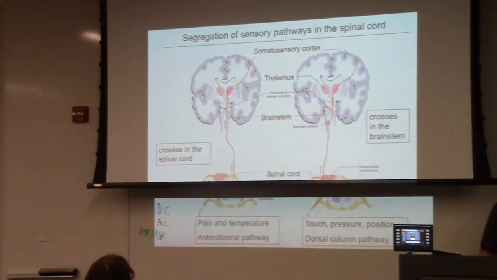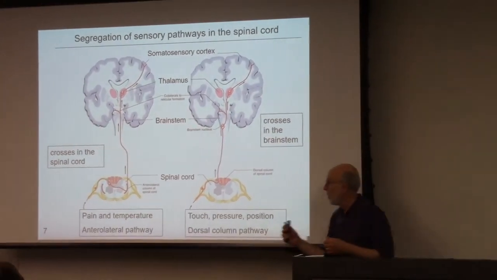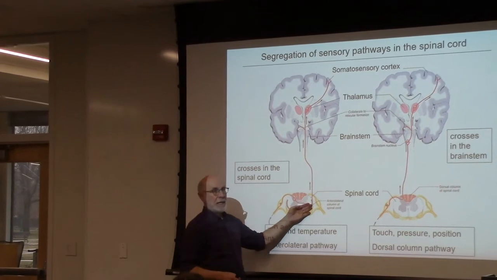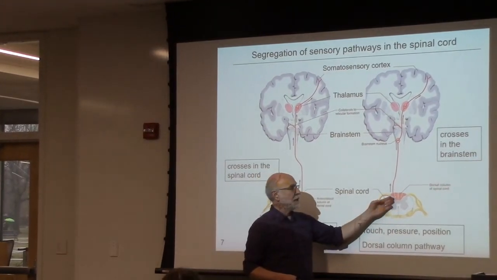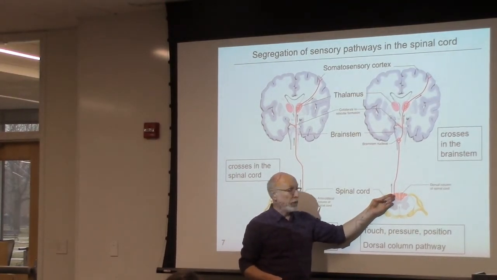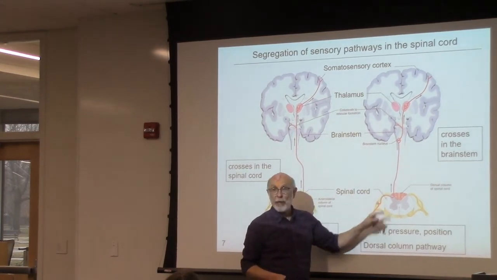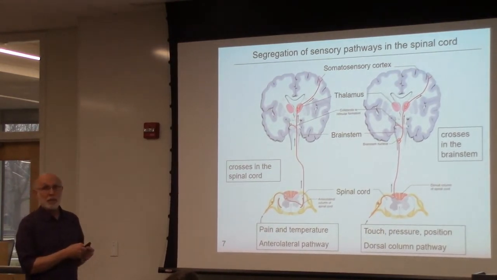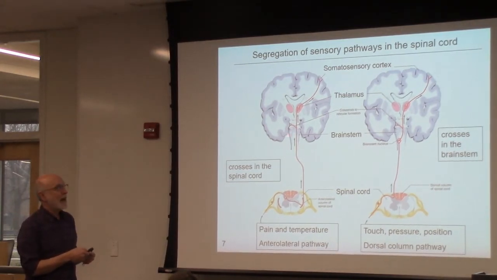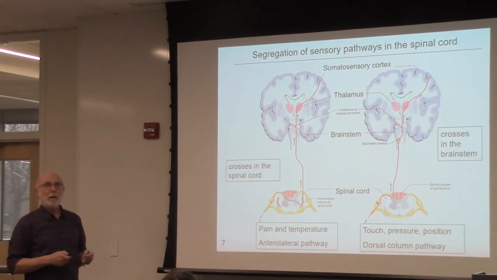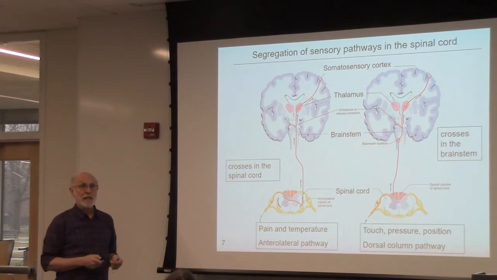So as I said before, the information, whether it's the pain and temperature information carried in the anterolateral column, or the touch pressure information carried in the dorsal column, or the position information carried either in the dorsal column or in the spinocerebellar tract, is going to synapse in the thalamus on the contralateral side, or in the ipsilateral cerebellum, depending, and then get processed further in the contralateral somatosensory cortex.